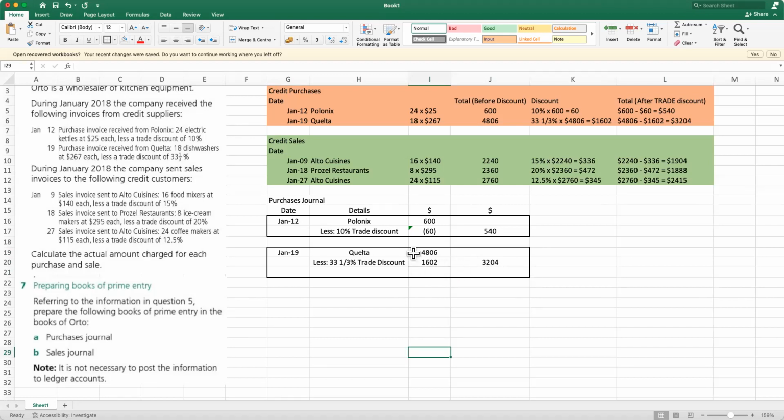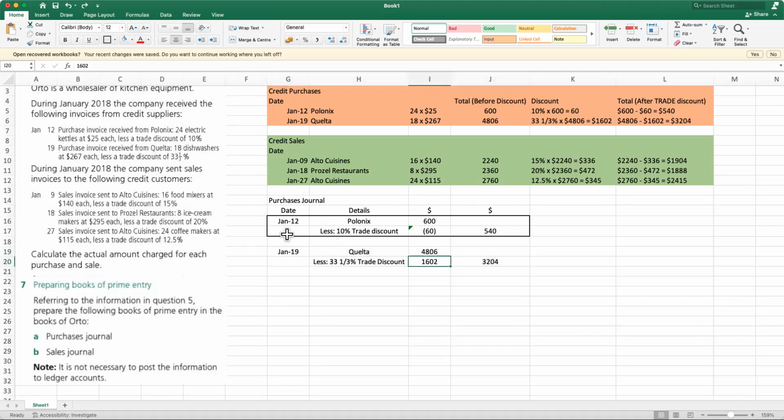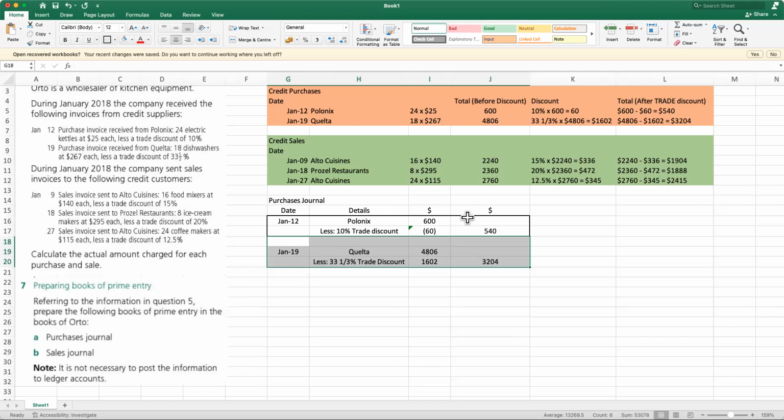All right. So once these are done, we are going to total them up. So this one you can total with this one. Now I'm just going to write the total amount here. So here it's just going to be 3,204 plus 540, 3,744. So this is how much I have bought for the month.